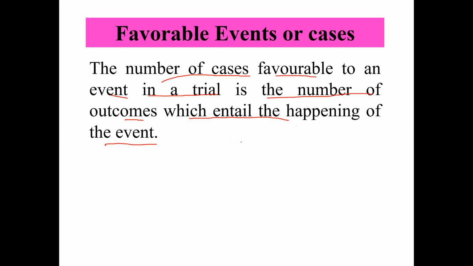As I said, in tossing the coin, the total exhaustive number is head and tail, and if you are getting the tail in favor, that would be your favorable case. So we need to understand what the favorable case is and what the exhaustive case is.